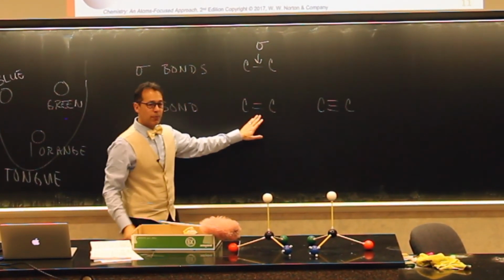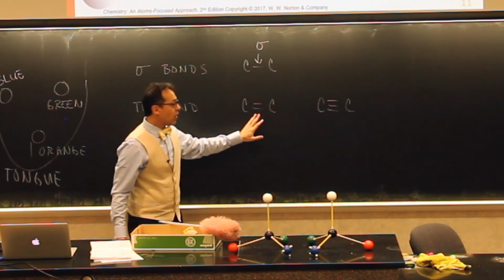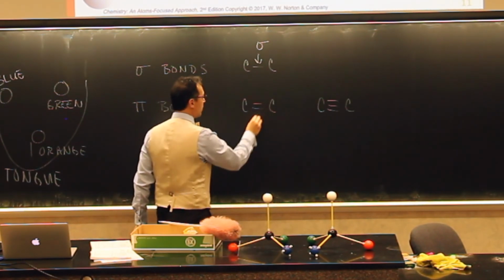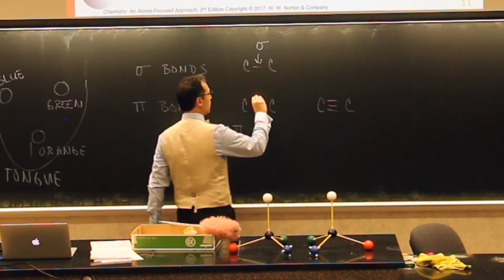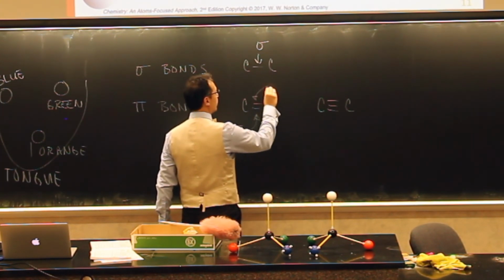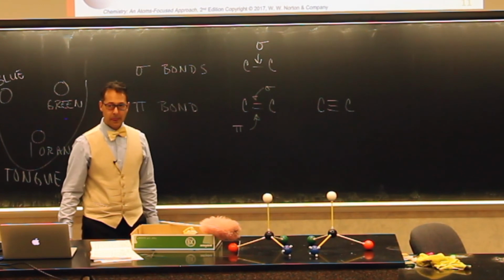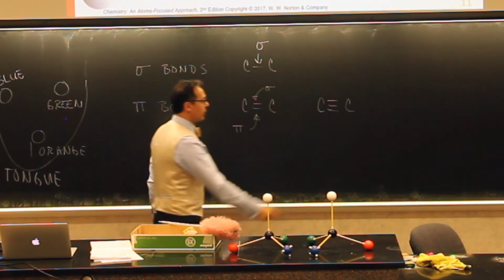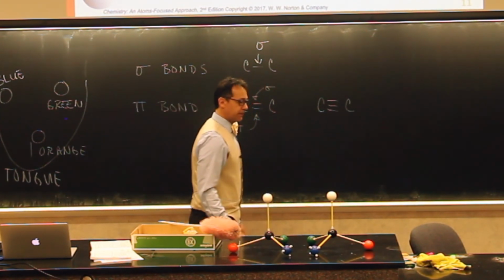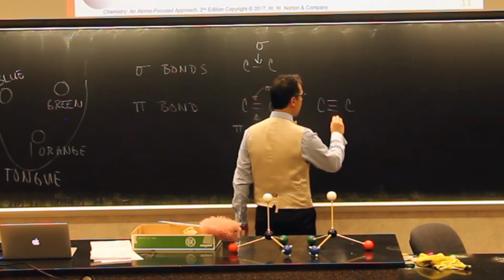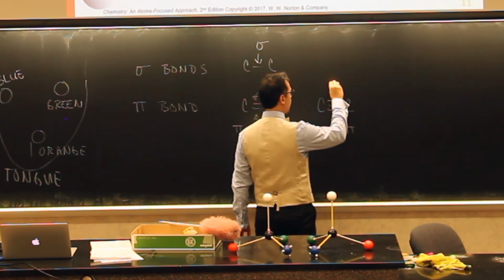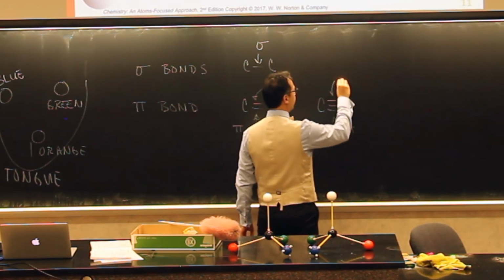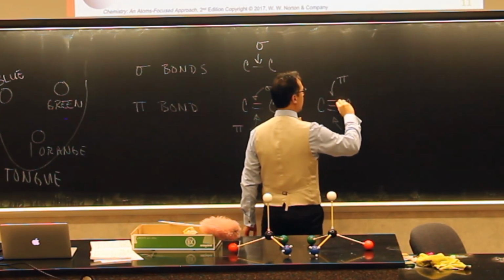Now when I have a double bond like this, one of these is a pi bond, and it doesn't matter which one. I'm going to say pi. The other one is sigma. And then when we get to a triple bond, we're going to have a pi bond, a pi bond, and a sigma bond.